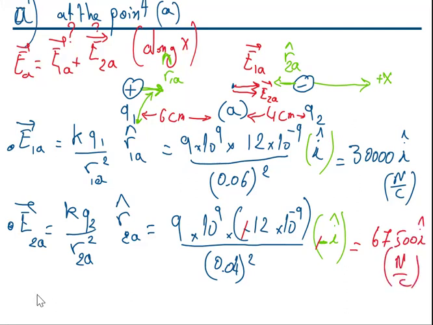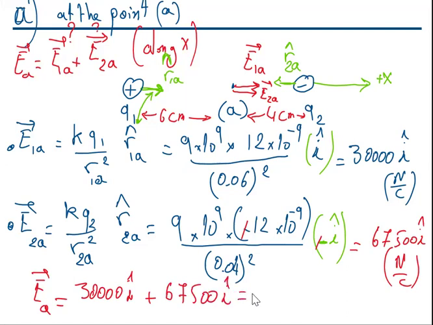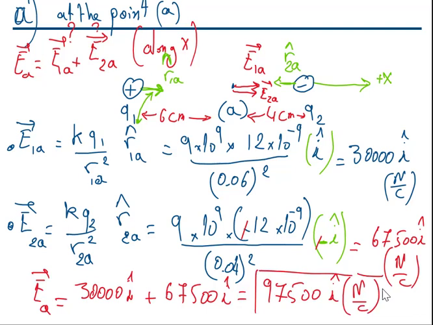Now, what is our electric field at the point A? It's the vector sum. So it's 30,000 i plus 67,500 i. So it's equal to 97,500 i Newton per Coulomb. Very good. So this is our electric field at the point A.